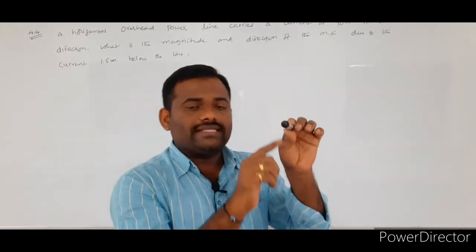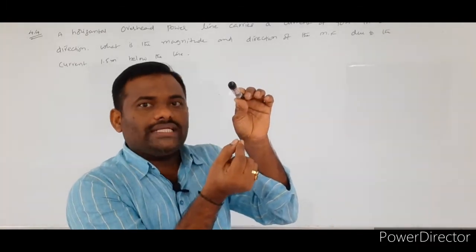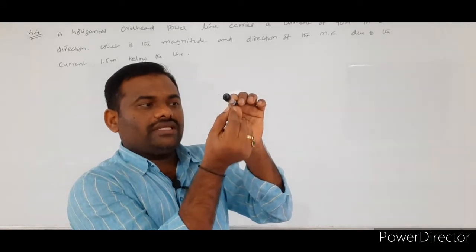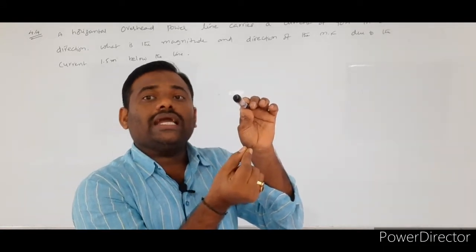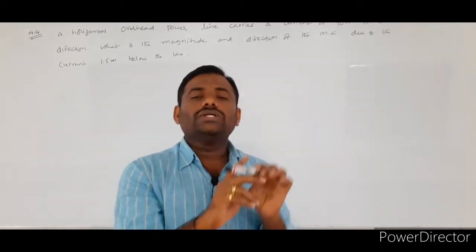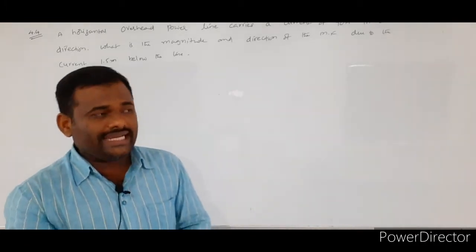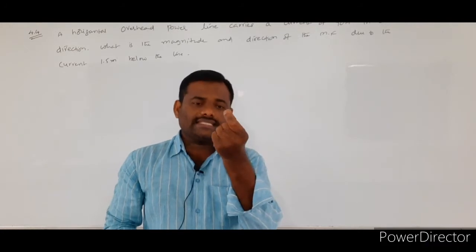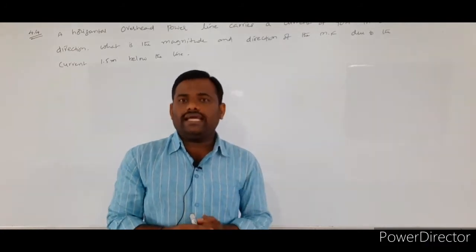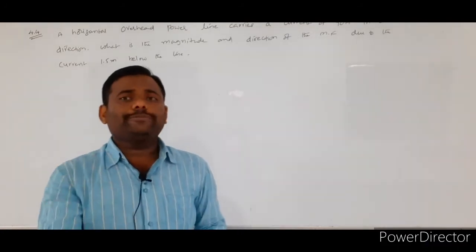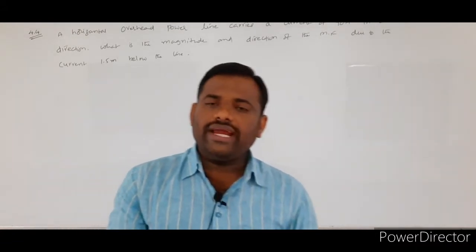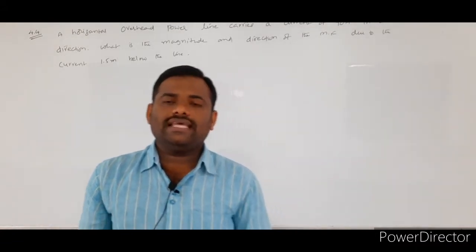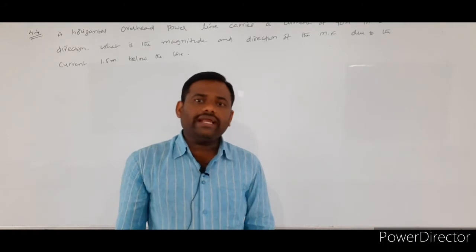Now they consider a point P which is vertically below the current carrying conducting wire, just below it. At that point they are asking to find the magnitude as well as the direction of the magnetic field intensity.